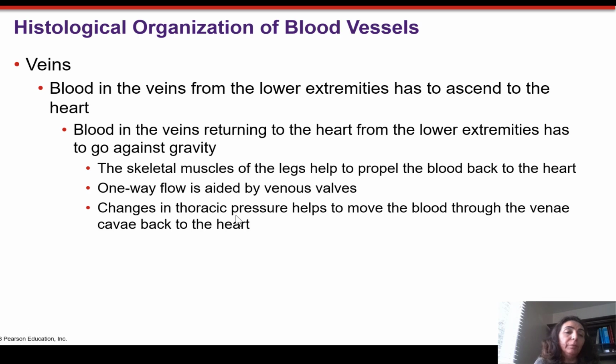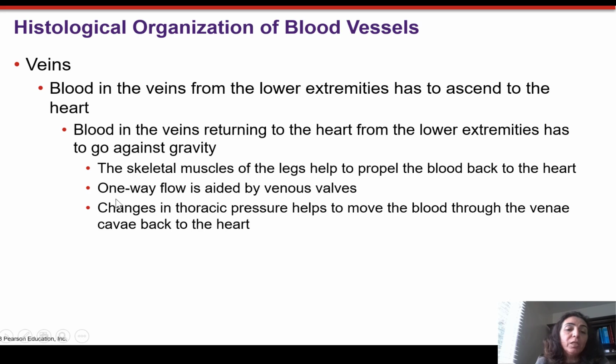So regarding the mechanism that we talked about, how the blood is getting back toward the heart, blood in the vein from the lower extremity has to ascend to the heart. Blood in the vein returning to the heart from the lower extremity has to go against gravity, as we said, and the skeletal muscle of the legs helps to propel the blood back to the heart. That's one factor.